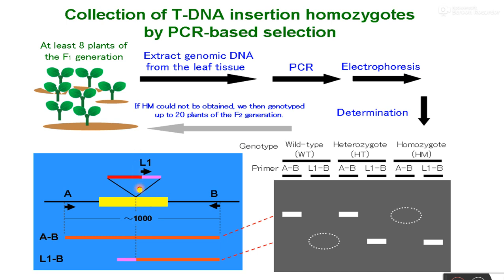Because the length of the tDNA is around 15 to 30 kb, and normal Taq polymerase doesn't have much efficiency to amplify that much length of DNA. So that's why we are not getting any band in the homozygous mutant line from the amplification of the A to B region inserted with tDNA.